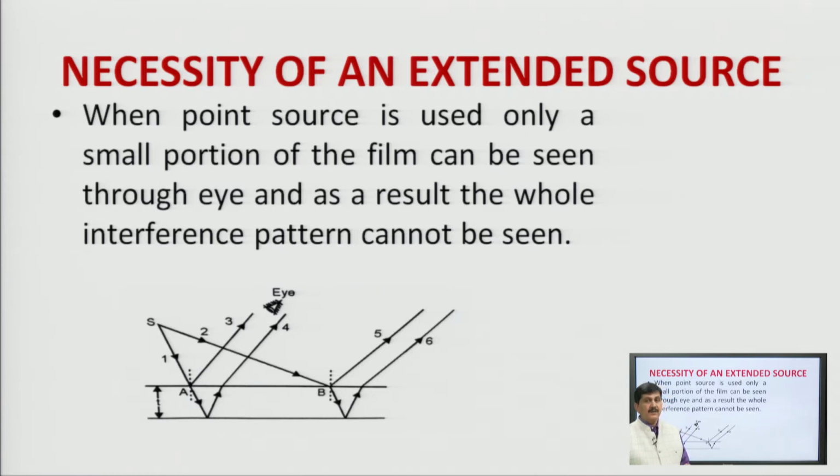These parallel sets of interfering rays diverge widely in the field of view, as the size of the retina of our eye is limited. So, light reflected from a small part of the thin film enters our eyes, which means we can visualize only a small part of the thin film.